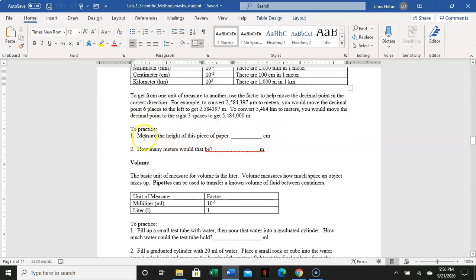So one of the things we asked you to do is to measure the height of a piece of paper. The height is pretty thin, but the length and width are standard for 8.5 by 11 inches.